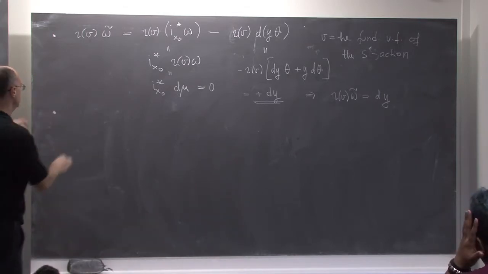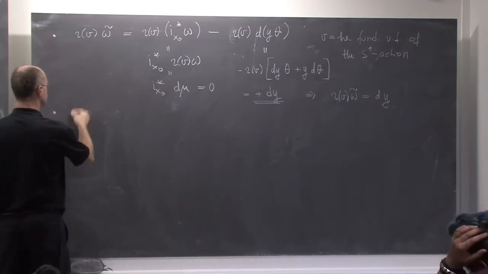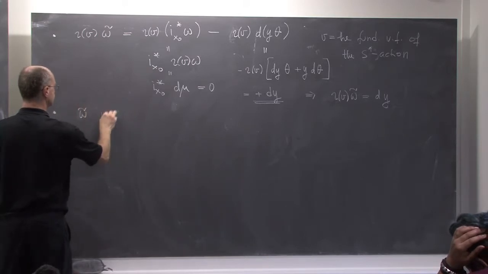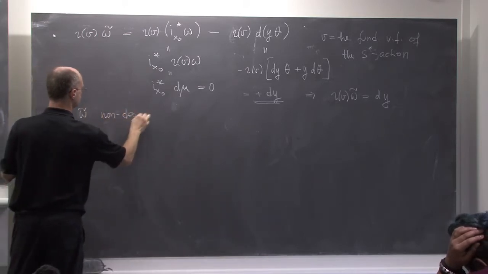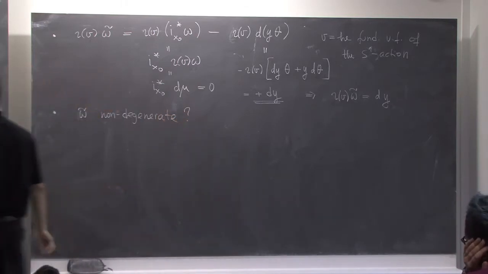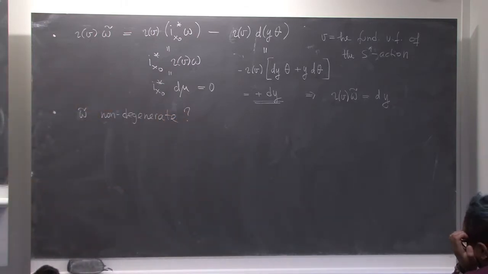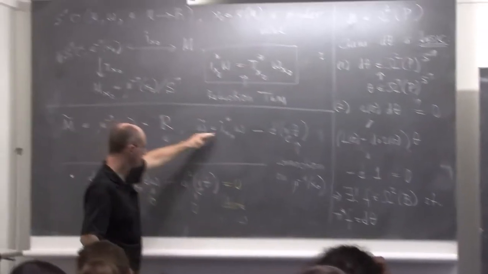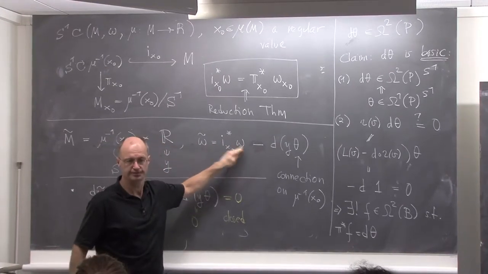And finally, what about omega tilde being non-degenerate? Perhaps I don't want to do all the details, but let's just informally discuss why it is non-degenerate. So it consists of 2 terms, right?